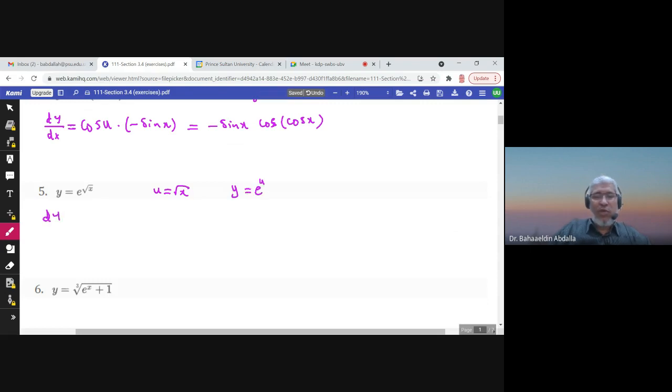So dy by dx would be dy by du, which is the derivative of e to the power u, which is e to the u, times the derivative of square root of x, which is 1 over 2 square root of x. So the answer would be e to the power u, but u is square root of x, over 2 times square root of x.